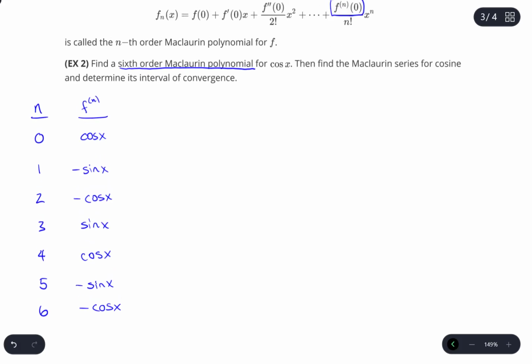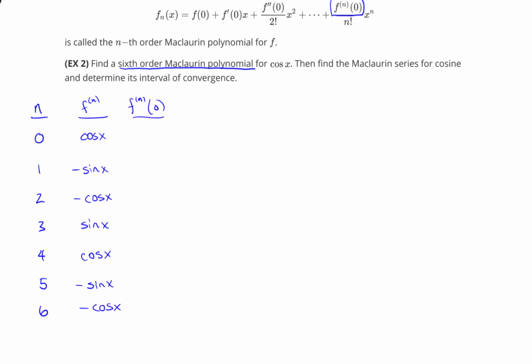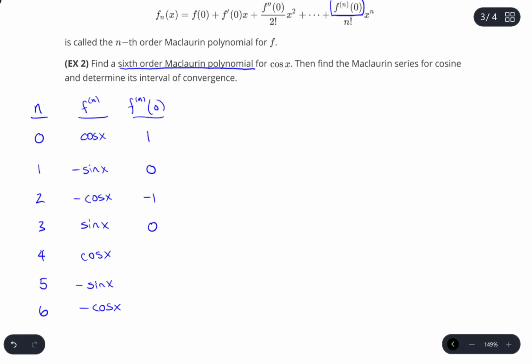Evaluating each of these at 0, let's see what happens. So cosine of 0, if you think about your unit circle, is 1. The sine of 0, however, is 0. And so these terms just flip-flop here: 1, 0, negative 1, 0, positive 1, 0, negative 1.